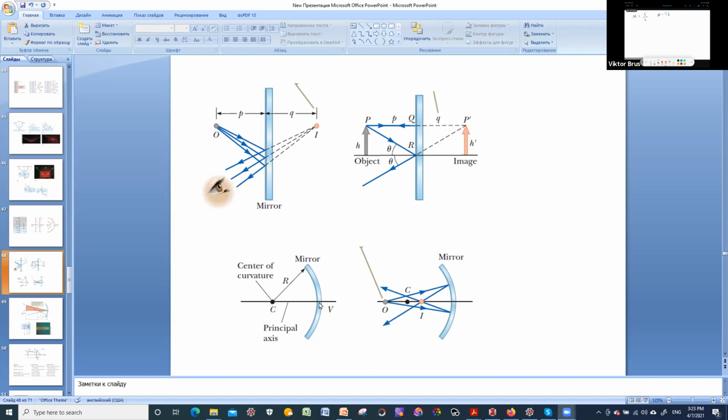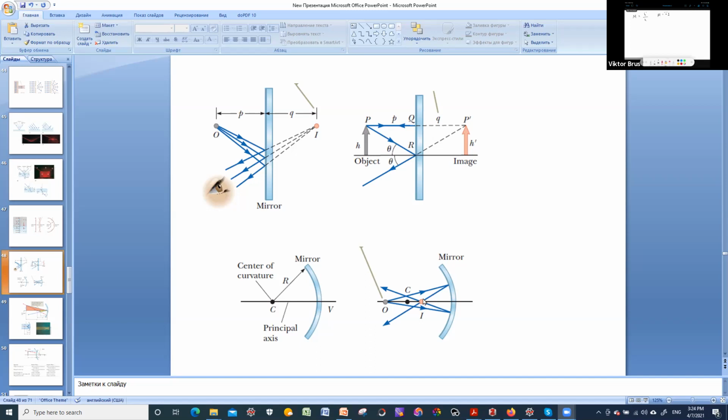If, for instance, we have some point object and two rays are going from this object towards the mirror, they will be reflected and intercept. If this object is located on the principal axis, they will also intercept at this principal axis.